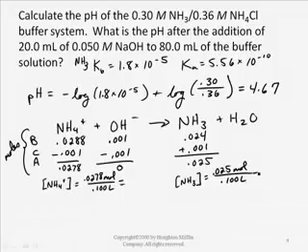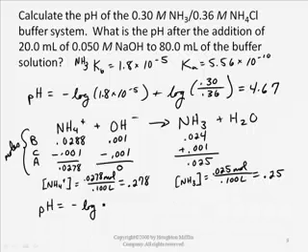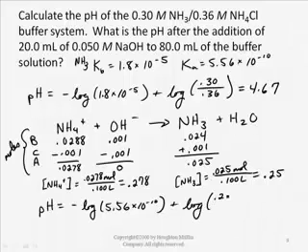So that would give me 0.278 and 0.25 molarity. So my pH is the negative log of 5.56 times 10 to the minus 10th, plus the log of 0.25 over 0.278.